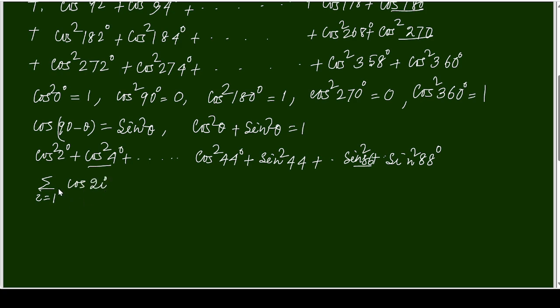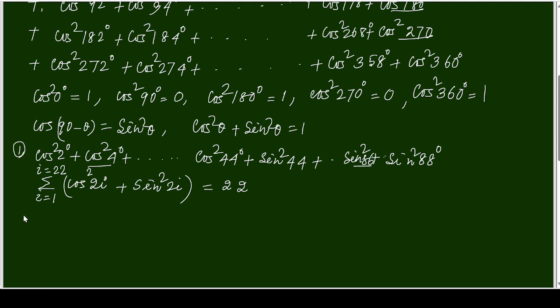That means 2 into 2 is 4, 2 into 3 is 6, and so on, and the value of i goes up to 22. Cos square 2i plus sin square 2i, you will take the sum. It will be 1. How many times? It will be 22 times. So here the answer is 22. First series, the answer is 22.